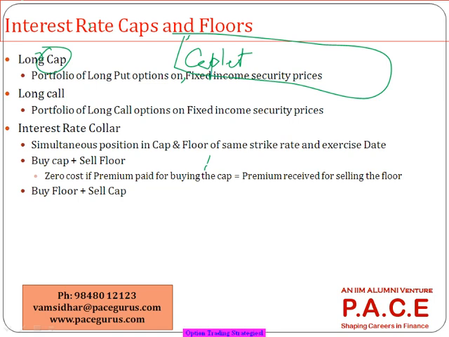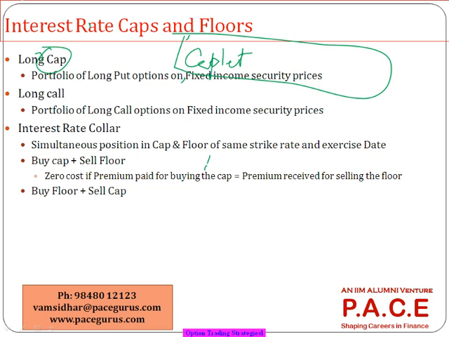A collar position is nothing but a spread position, but the typical spread position always talks about two similar kinds of tools, like buy call, sell call. But the collar position creates the same spread using two different tools.